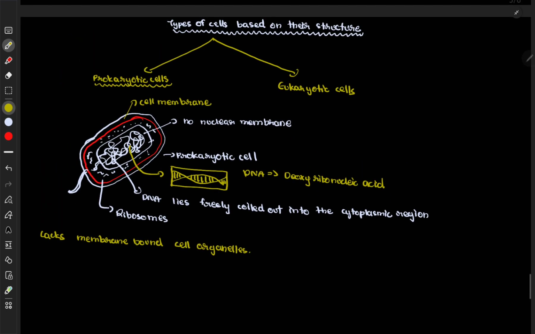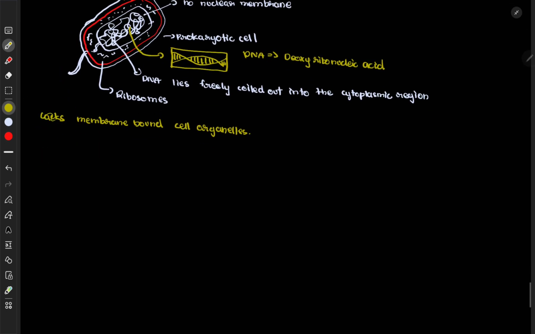Now for examples, they don't have plastids. Let's say you have photosynthetic bacteria, or blue-green algal cell.